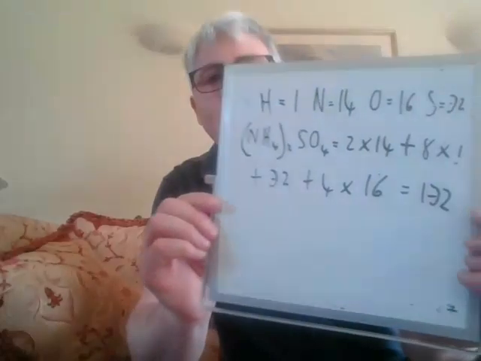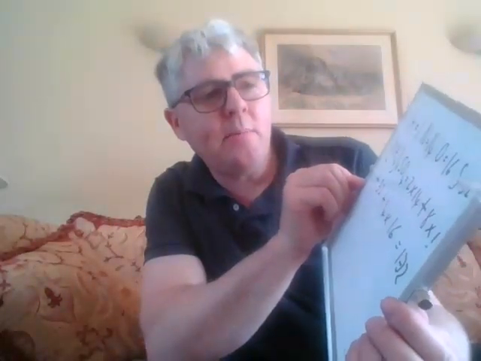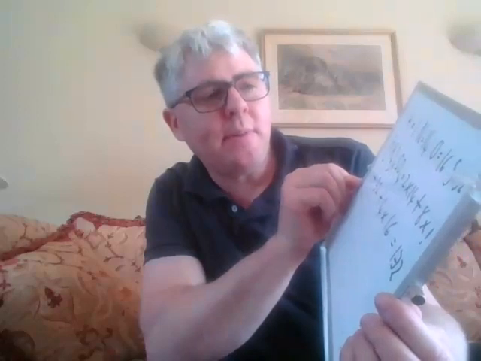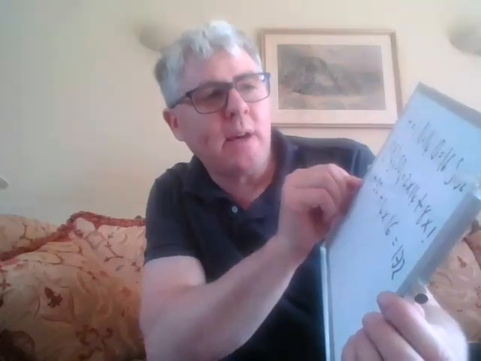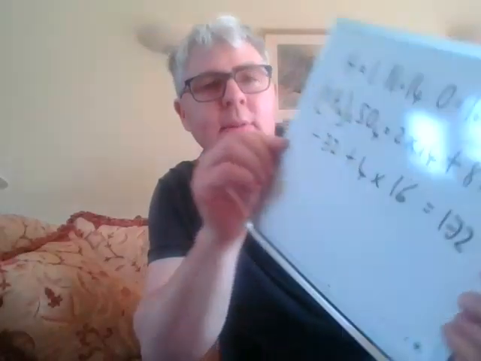And I've just done some little sums here. So NH4 in the bracket, and so you've got obviously 8 times 1 for the hydrogen, and then you've got 2 times 14 is 28 there.